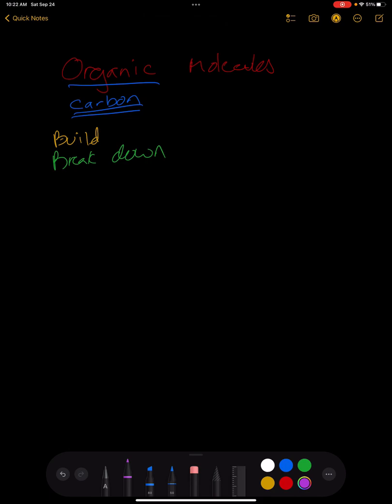So let's do build first. Build is actually way easier to understand. If I want to build something, this is called dehydration. This is a dehydration reaction, or dehydration synthesis. Let's do word roots.